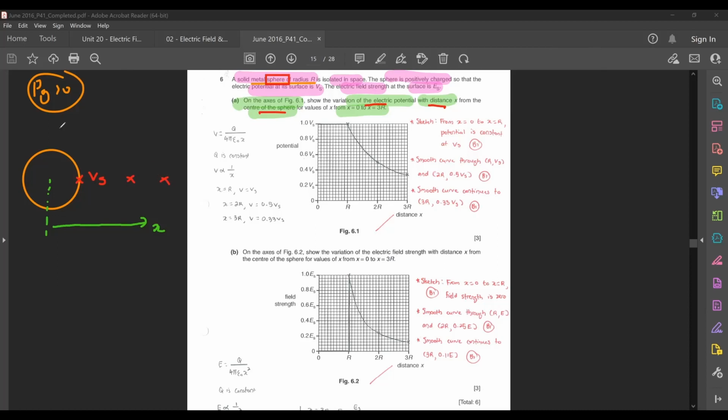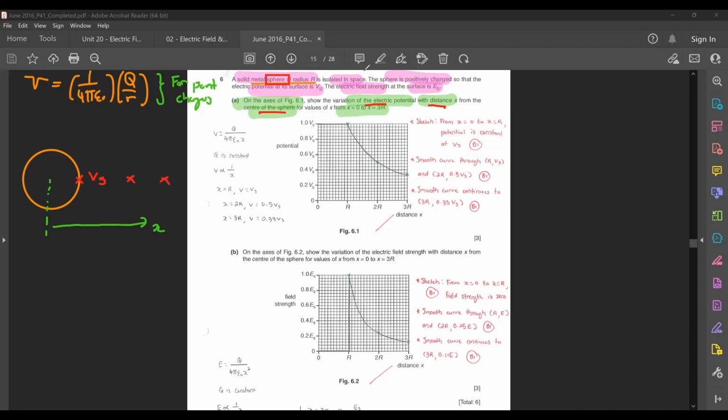How does it vary? Okay, so to find out the variation of the electric potential with distance, you would have to use back this particular equation where V is equal to 1 over 4 pi epsilon naught Q over R. Now one thing I did not mention to you just now is that this equation is only for point charges.